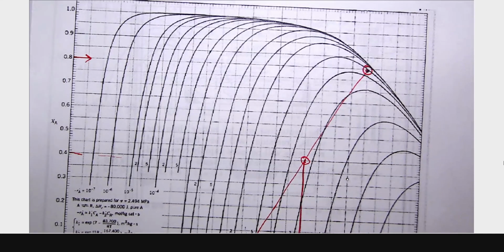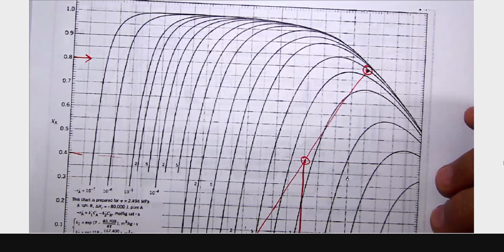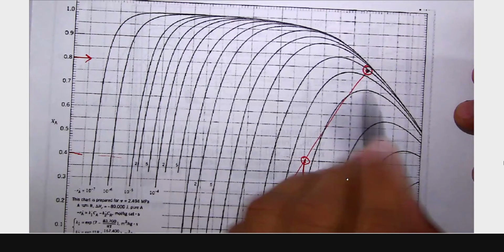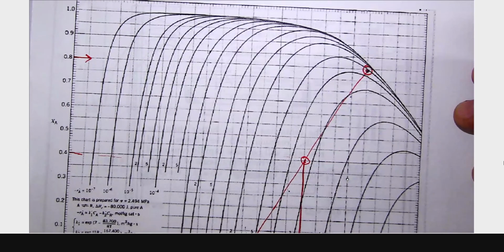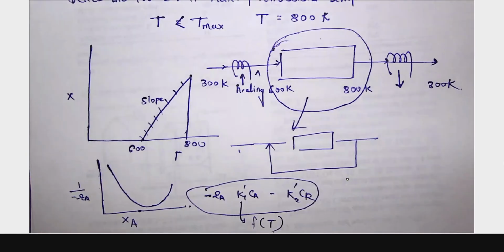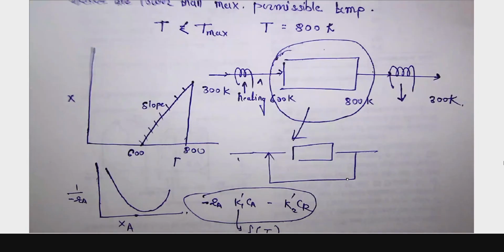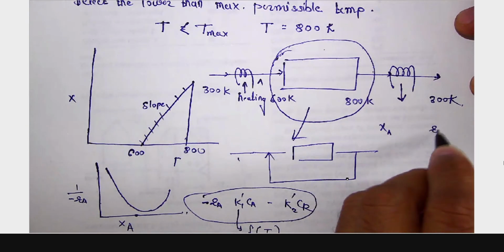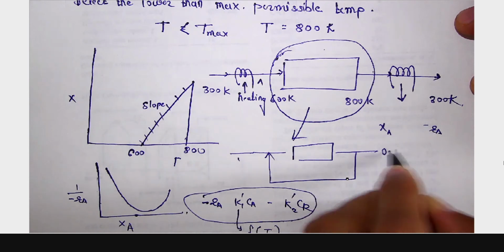So this way you can get the values of various R_A for this particular figure. So you have to read the R_A and X_A for this particular operating line. So the data that you can get for this is X_A and R_A, that is 0.8, which is given in the book also.